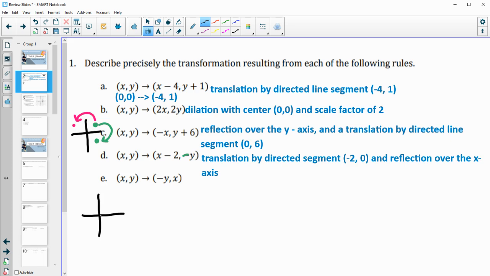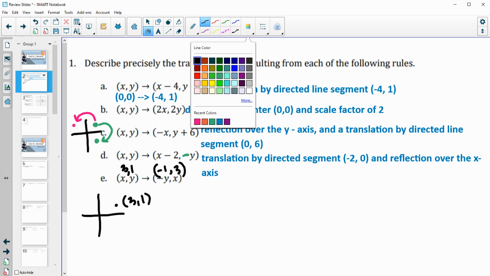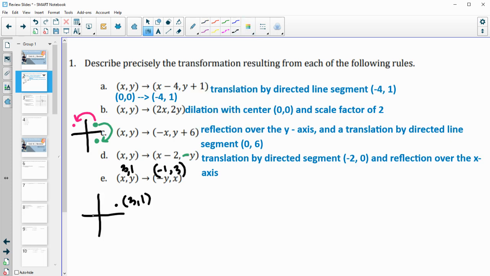So I just take a point, like the point 3, 1, and I apply the rule to see what's happening. Now if I put 3, 1 in here, what I get back is the opposite of the y, which is -1, and then the x coordinate next. So my new point would be the point -1, 3.